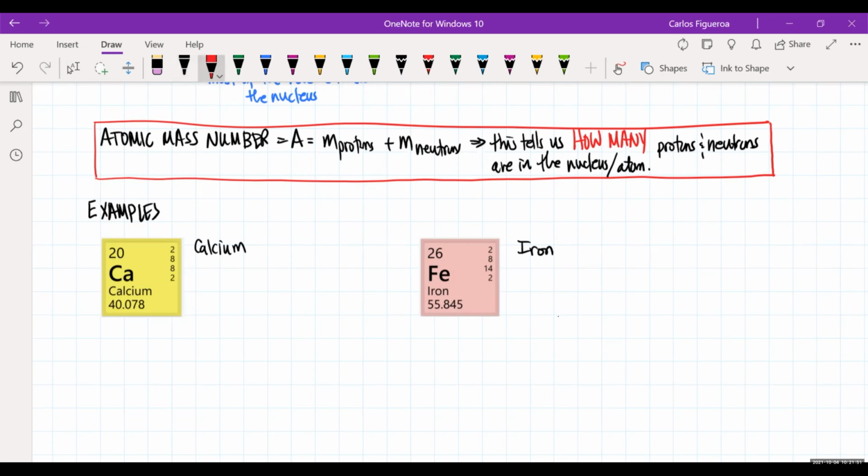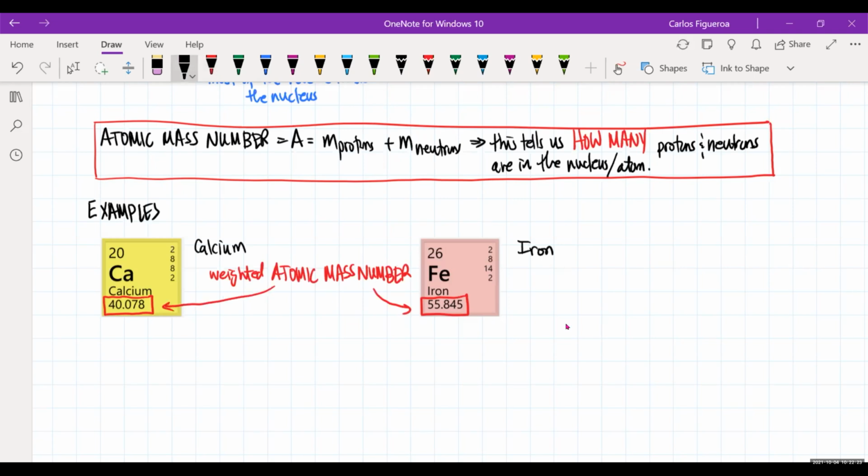So what am I focusing on? This number here is the atomic mass. So we have to be careful here. These are weighted atomic mass numbers.